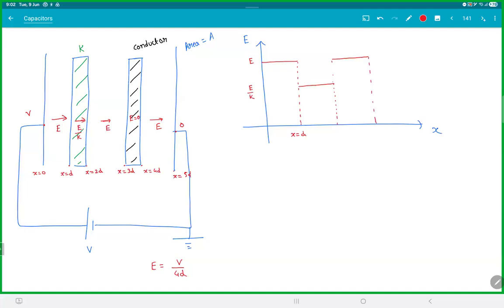Then it drops to 0 inside the conductor. Then again it increases. So this is how the E versus X graph will look. Is the graph clear, everyone? Maybe I'll just remove the dotted lines.